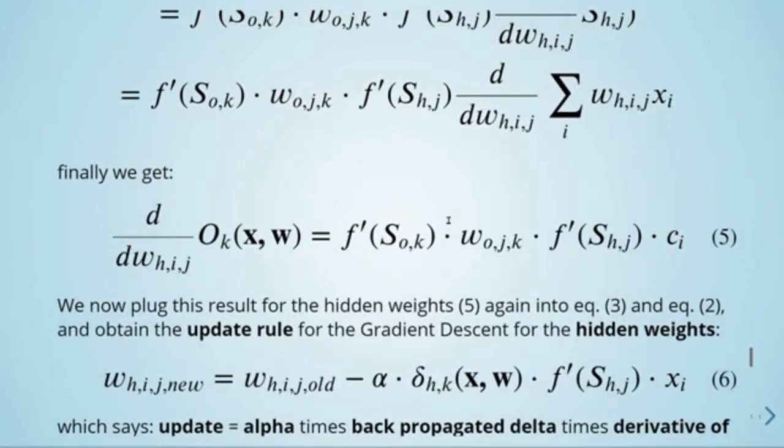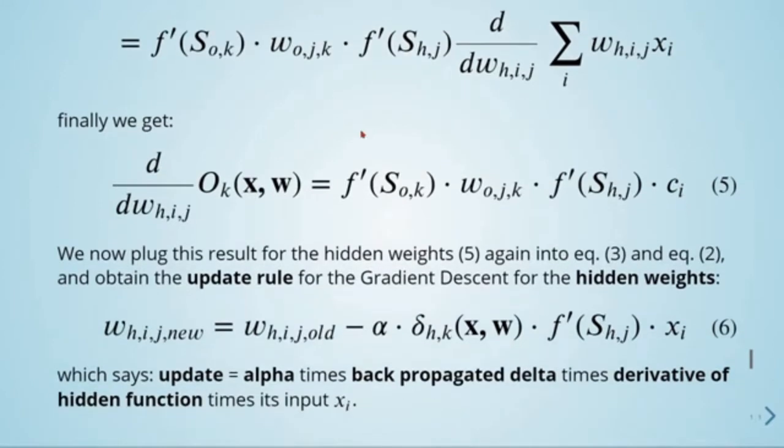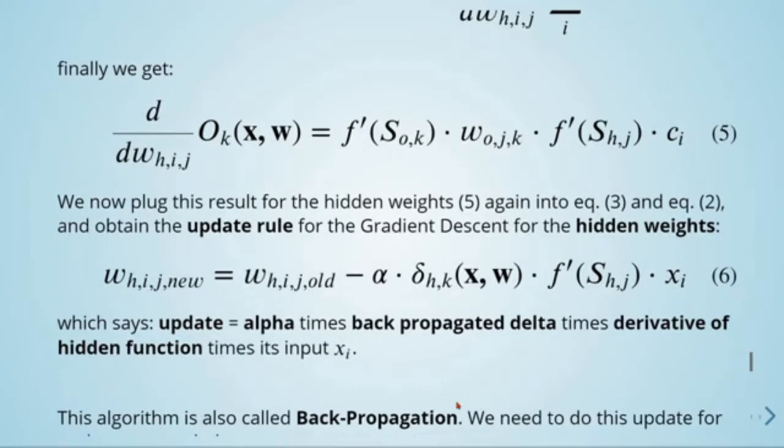And again, now we plug this result for the hidden weights, equation 5, into equations 3 and 2, and we obtain the update rule for the gradient descent for the hidden weights. And we have this equation 6, which tells us that the update is equal to alpha times the backpropagated delta times the derivative of the hidden function times its input x_i.